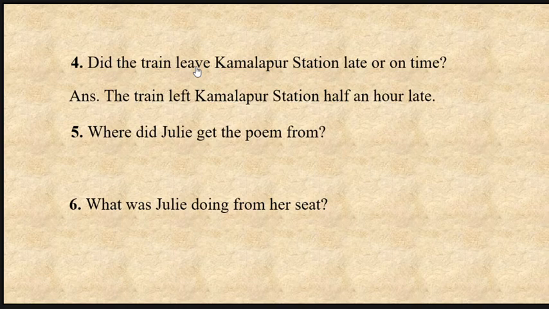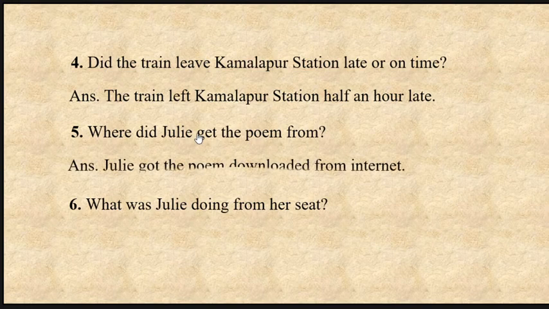Question number 5 says, where did Julie get the poem from? Can you remember? Can you say? Yes, she downloaded the poem. I have discussed download with you. So Julie got the poem downloaded.